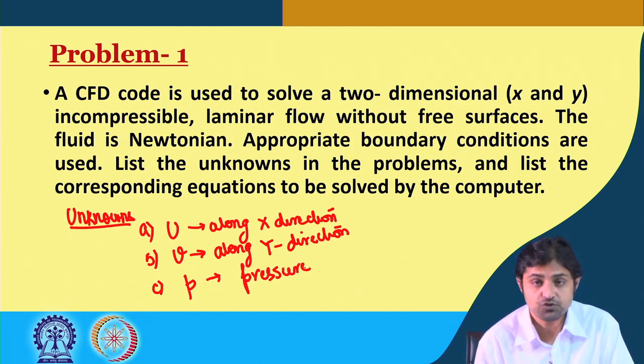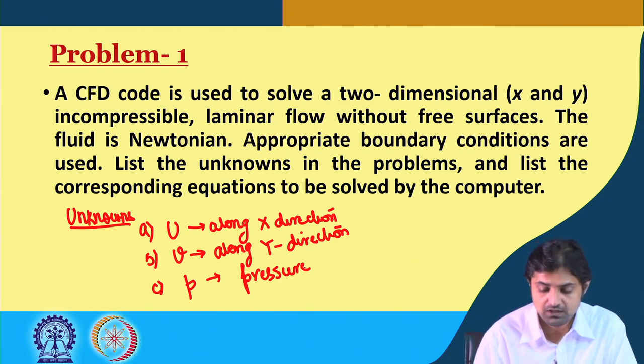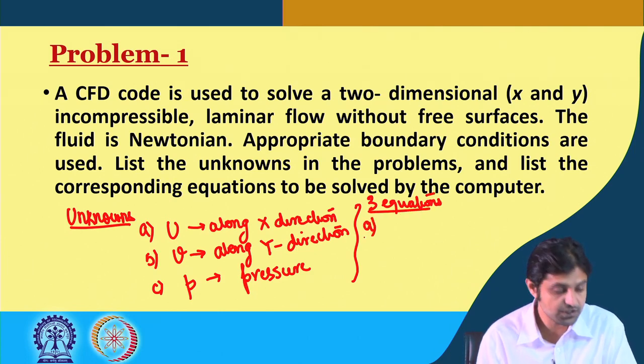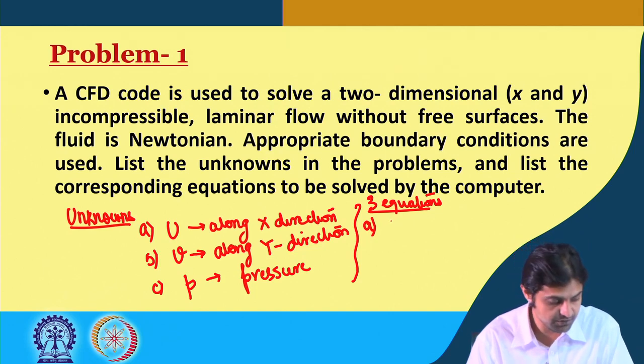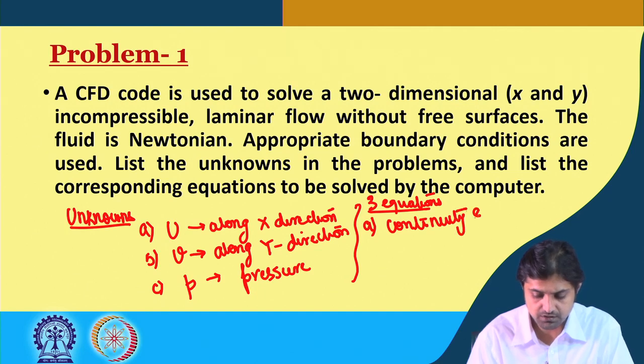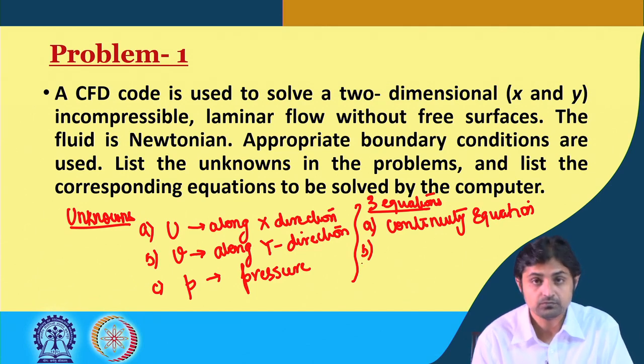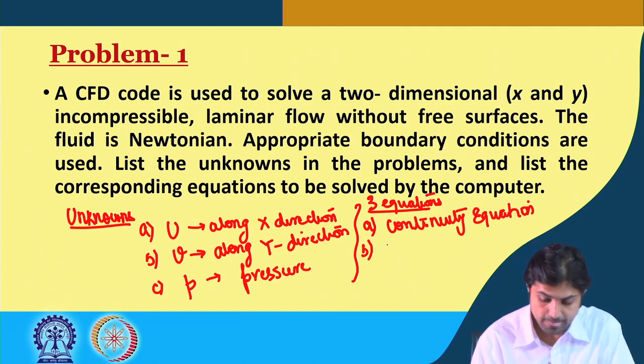And how are we going to solve these, which equations are we going to solve for u, v and p? See, there are 3 unknowns, so we must have 3 equations. The first equation is the very common conservation equation, which is the continuity equation. The second one will be the x momentum equation, that is the momentum equation in x direction.